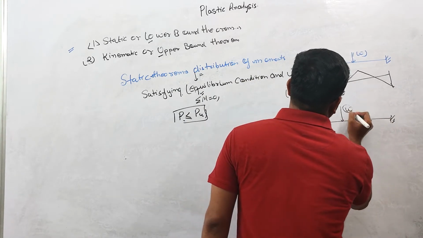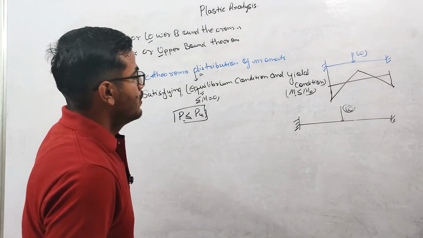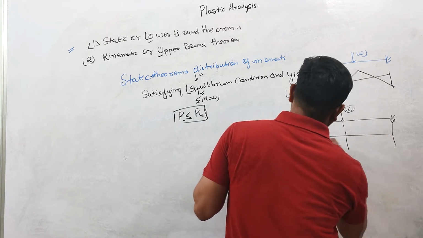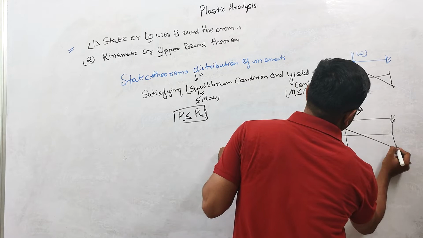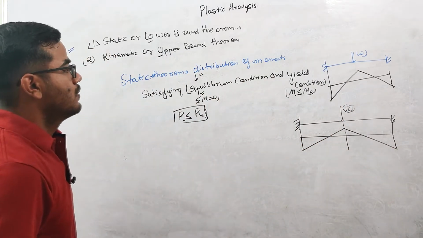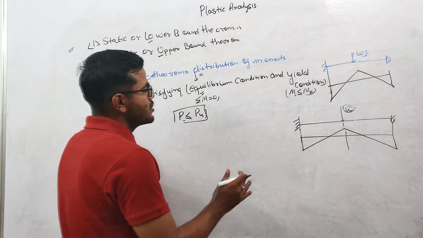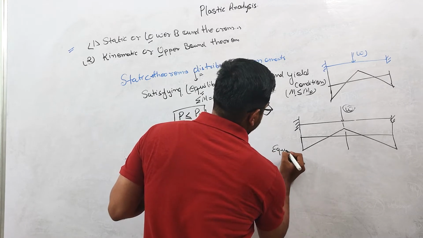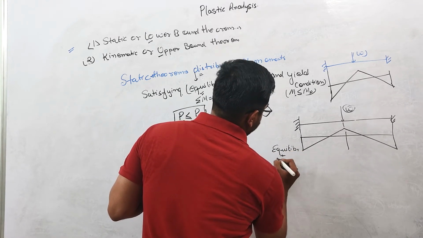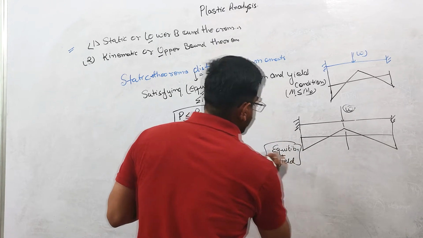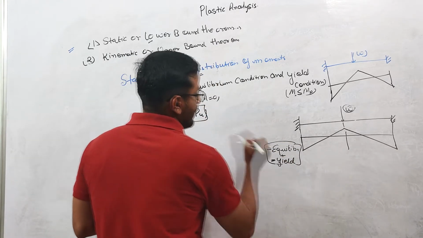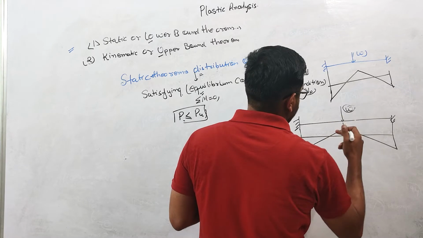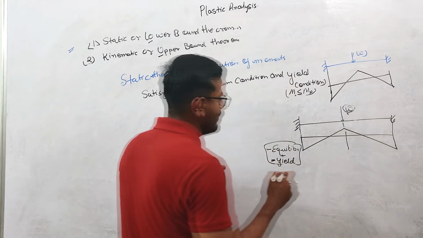Let us consider this example. Suppose you are applying a load W on this beam. Due to this load, the bending moment diagram will look like this. Let us suppose this distribution of moment satisfies the equilibrium condition and the yield condition, but not the mechanism condition. So due to this load, there is no collapse in the structure.